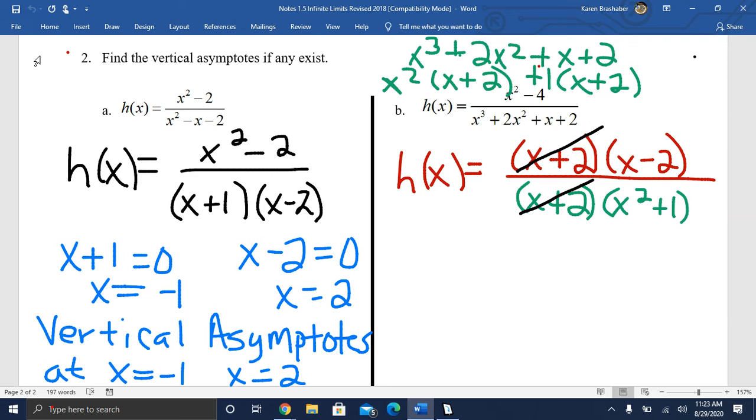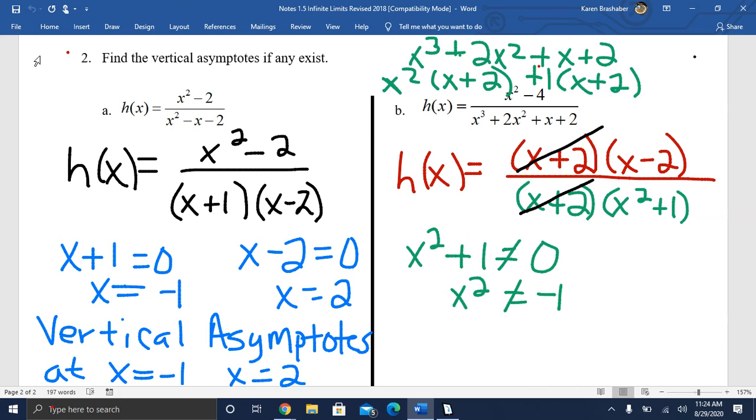So now we'll look at the remaining factor, x squared plus 1, from your denominator. It is non-removable. However, we're going to find out that there's no discontinuity going on here, because x squared plus 1 cannot equal 0. You get x squared equals negative 1, and over the real number system, that is not a real number.